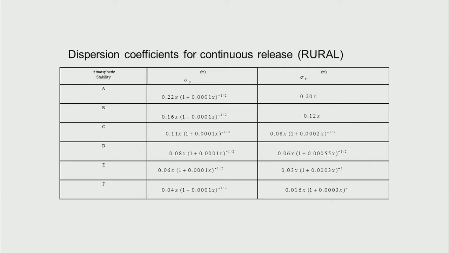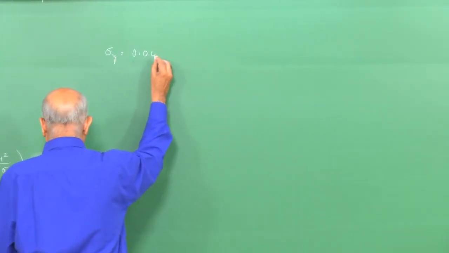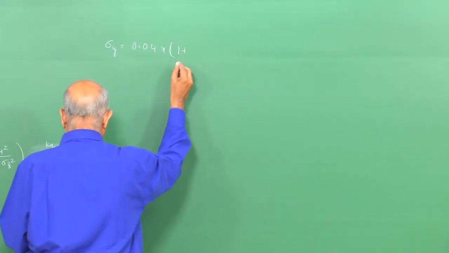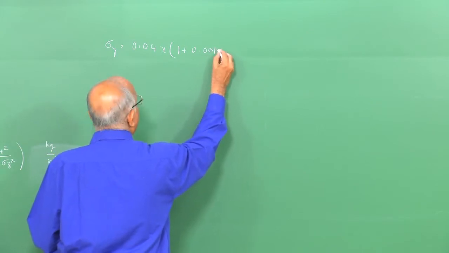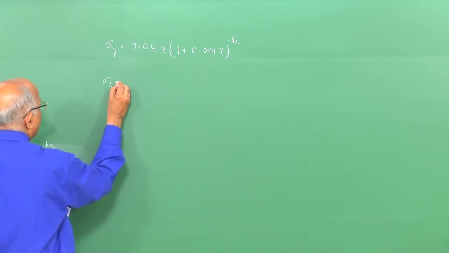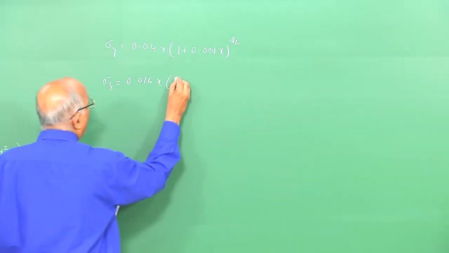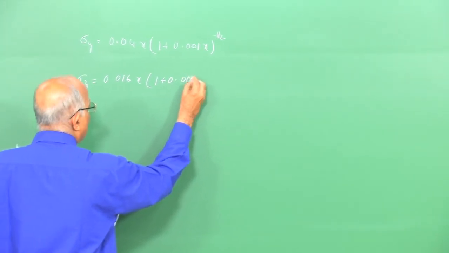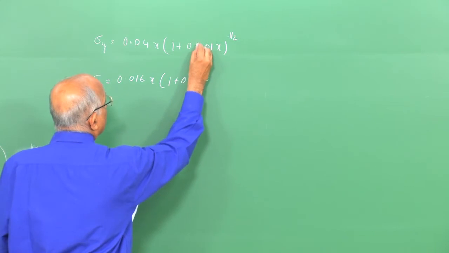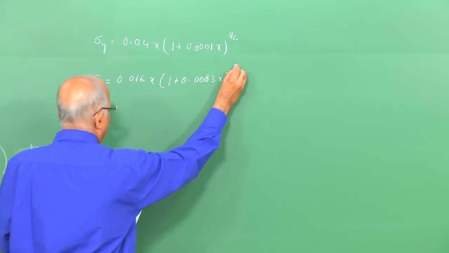Let's calculate these values. Therefore, I now get sigma y equal to 0.04 x into 1 plus 0.001 x to the power minus half, where x is that 330 meters, and sigma z is equal to 0.016 x into 1 plus 0.003 x to the power minus 1.